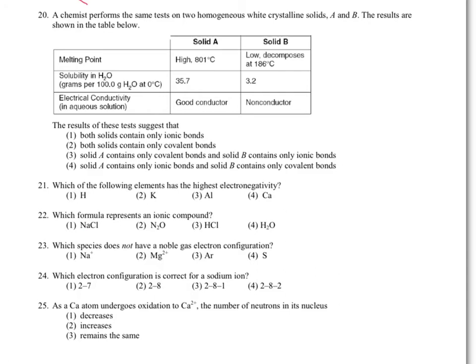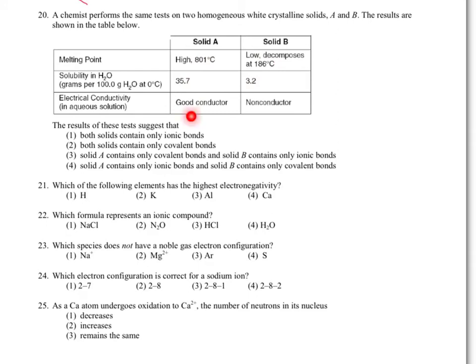Question number 20 shows the chemical test that a chemist did on the physical properties of 2 substances. Notice they have different properties. So one has a very high melting point, while the other has a low melting point. One tends to be very soluble in water, the other tends to be insoluble in water.